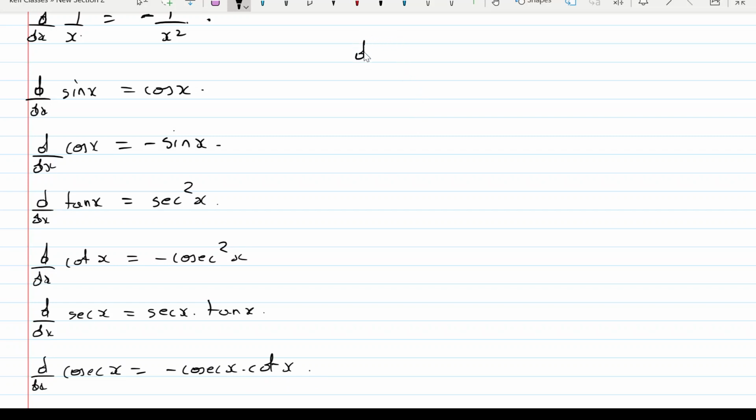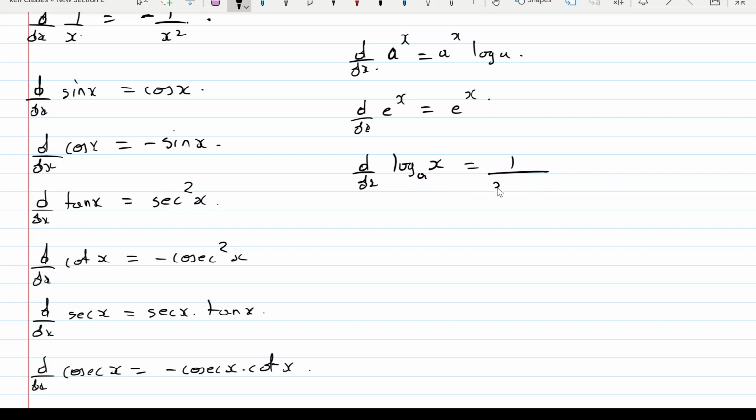Then d by dx of a raised to x is a raised to x log a. D by dx of e raised to x is e raised to x. D by dx of log x to the base a is 1 upon x log a.